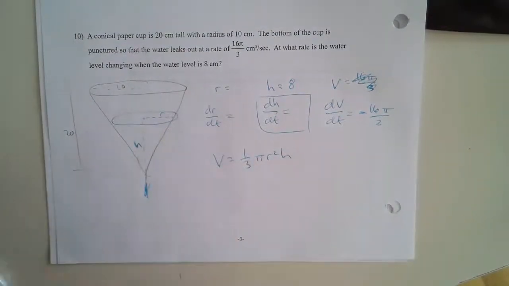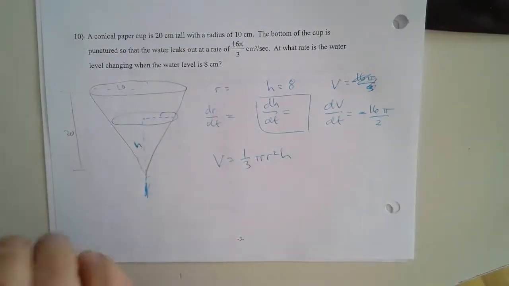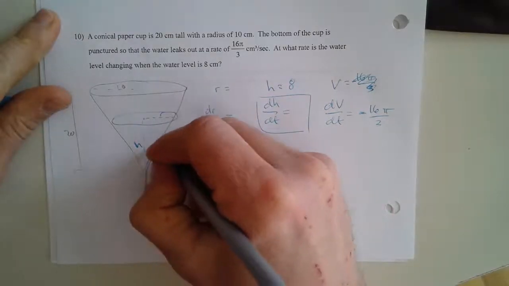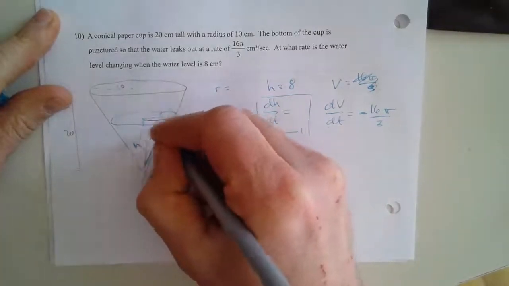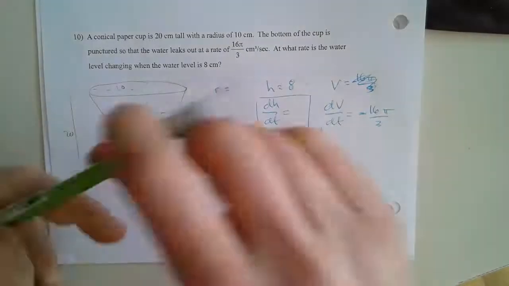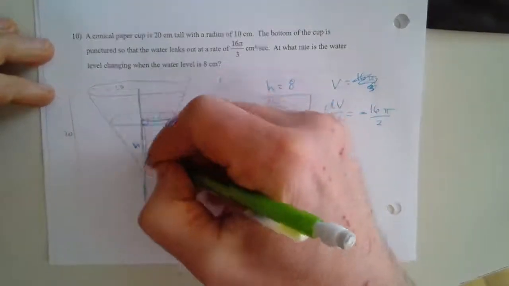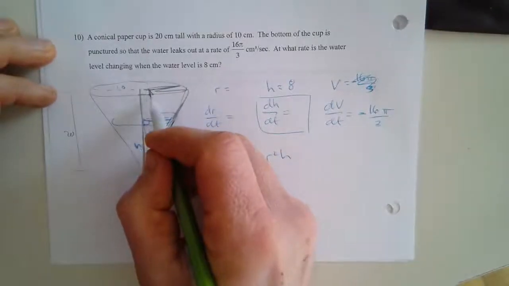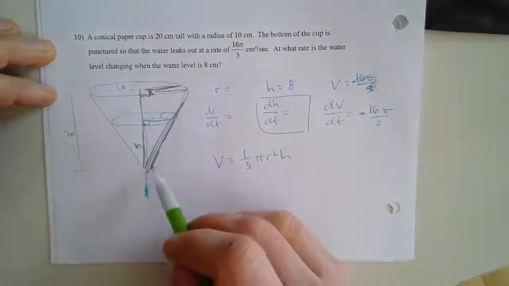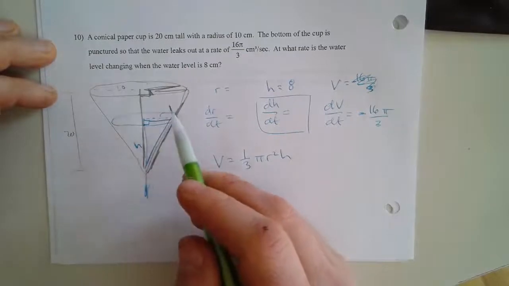So here are my similar triangles. The water creates one triangle right here, and the cone, the actual way the cone's set up, creates another triangle right here. There are two right triangles sharing this angle, so they're similar by angle.